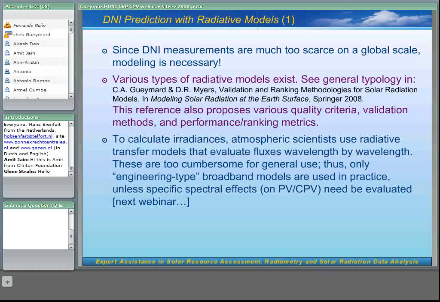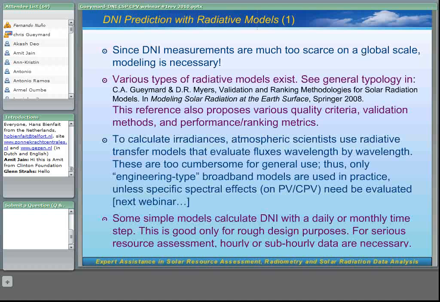So for that kind of application, a lot simpler broadband models are used. And unless specific spectral effect for PV or CPV is needed, then broadband models are okay. For spectral effects, we will see next time how we can do that.